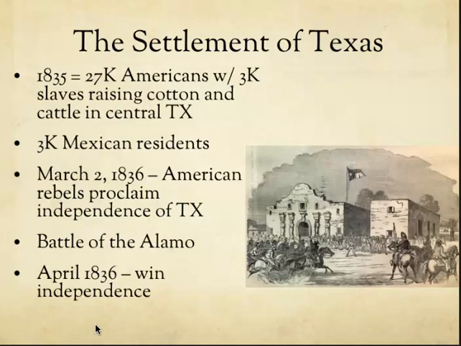At this time, the modern-day Texas that we know of was controlled by Mexico, but we had a large population of people living there. On March 2nd, 1836, the American rebels there proclaimed their independence of Texas, and you get the Battle of the Alamo. And in April 1836, they win independence. So there in the background, you can kind of see a drawing of the Battle of the Alamo.